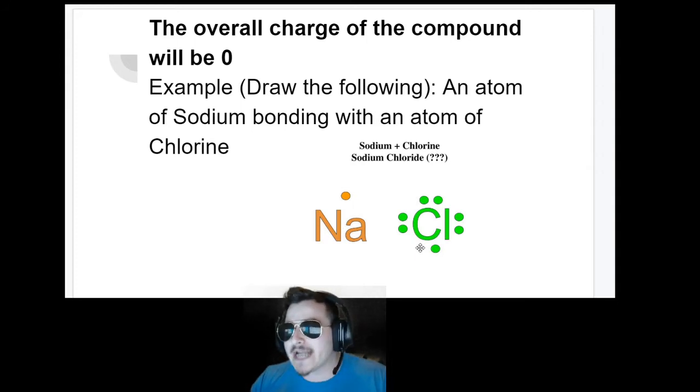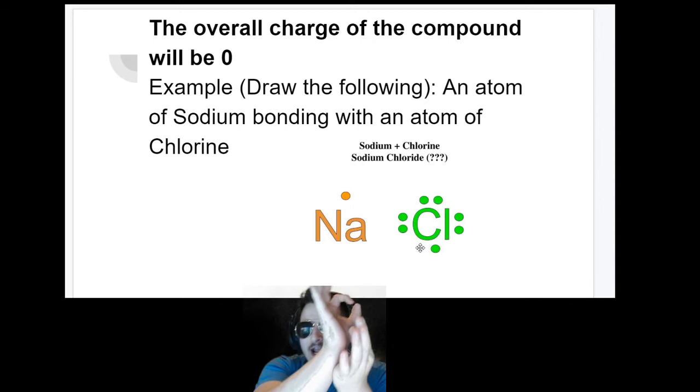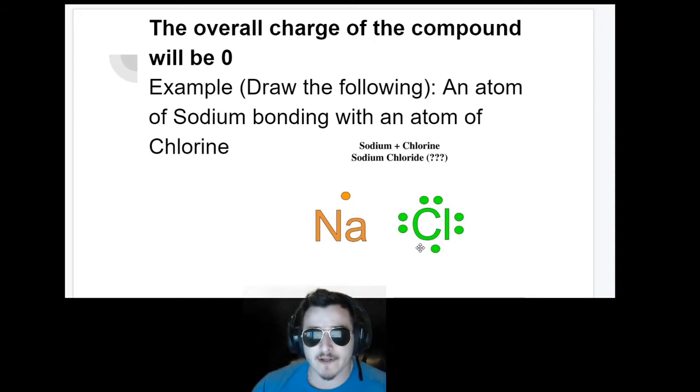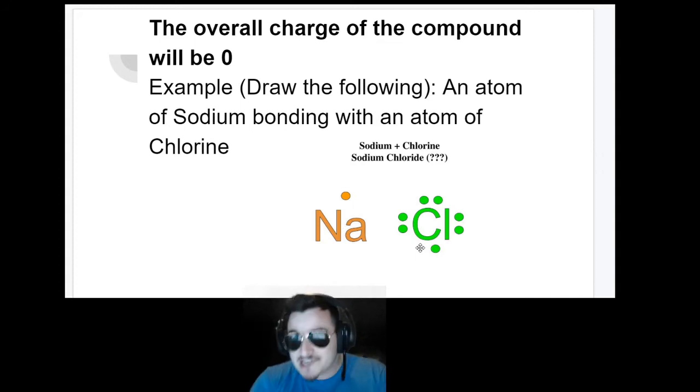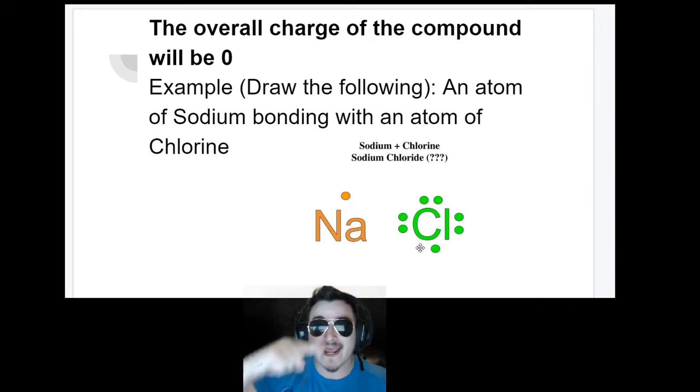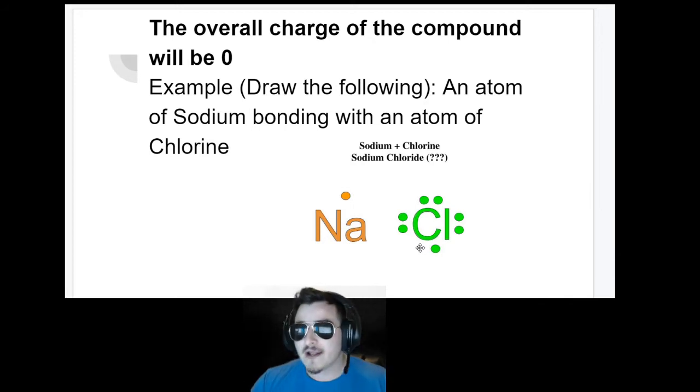Why is this called an ionic compound, though? When sodium literally transfers that electron over to chlorine, it loses an electron, therefore becoming a positive charge. And when chlorine accepts that electron, it has one more electron than it normally does, therefore it becomes a negative charge. However, if the sodium has a +1 charge and the chlorine has a -1 charge, what's the overall charge of the compound?